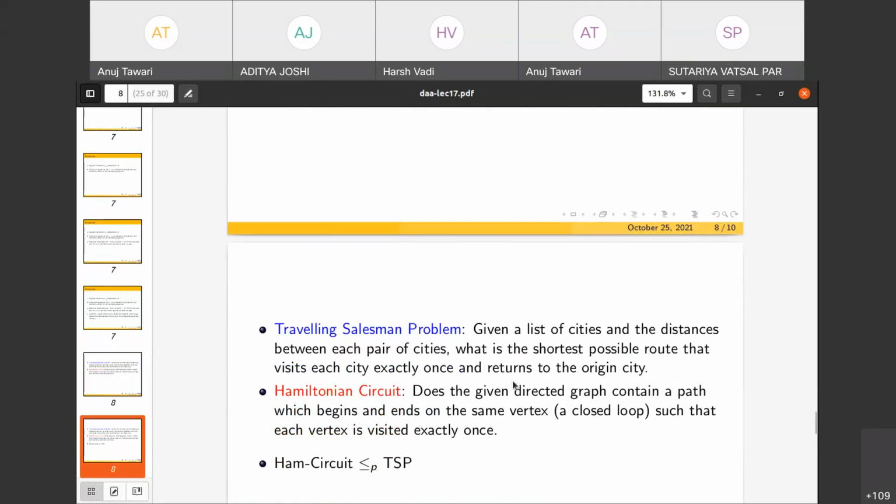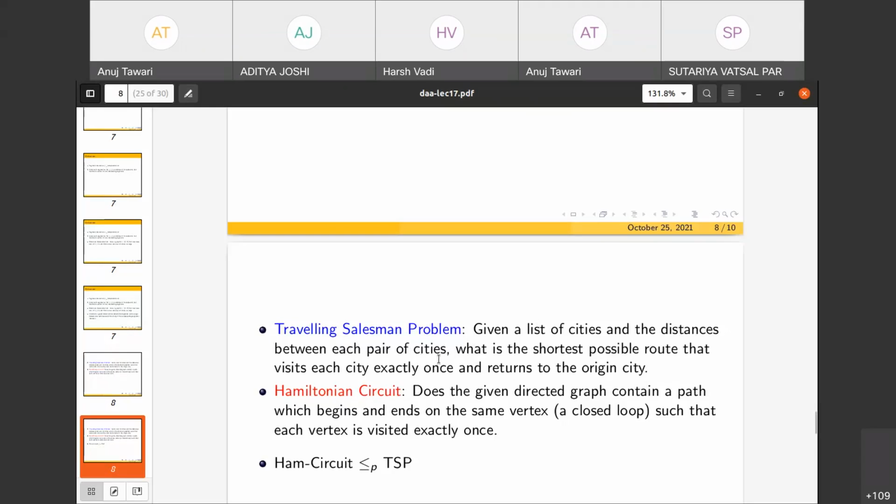So basically they are the same problem, but here we are given the distances. So the edges will have some weights, and you want to find the shortest possible route. So what edge weights will you give so that you can solve this Hamiltonian circuit problem? The natural thing is we set all these edge weights to 1.